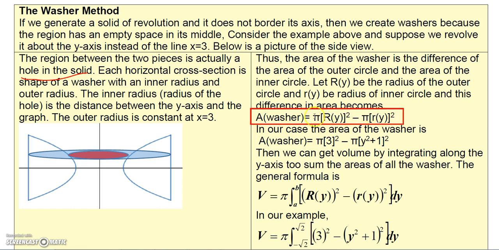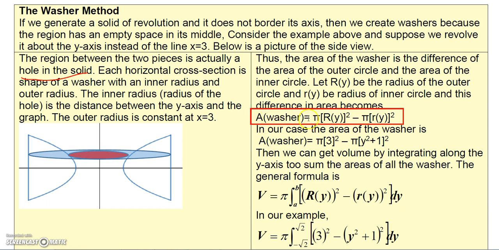So if you took the area of the large circle, with capital R the big radius, you would have pi big R squared minus pi little r squared. The area of the little circle subtracted from the area of the big circle gives you the area of our washer.